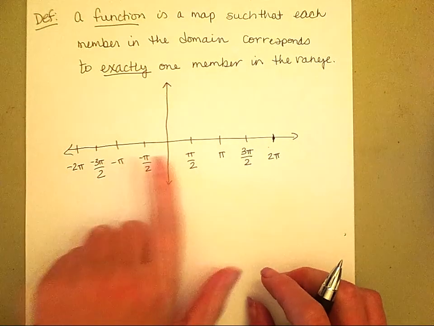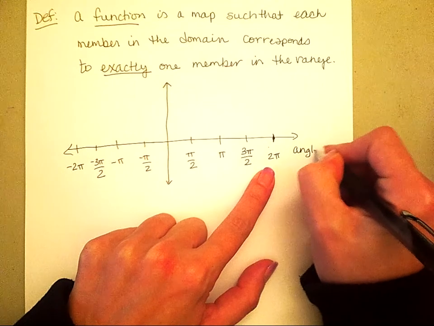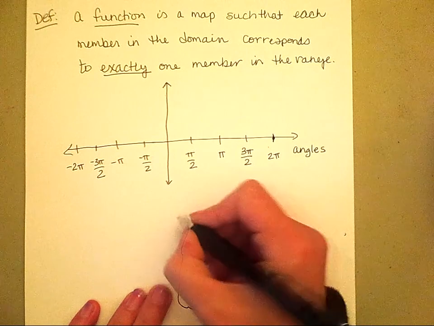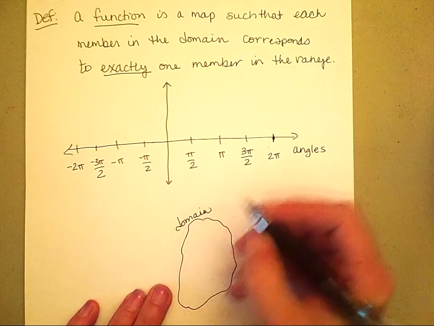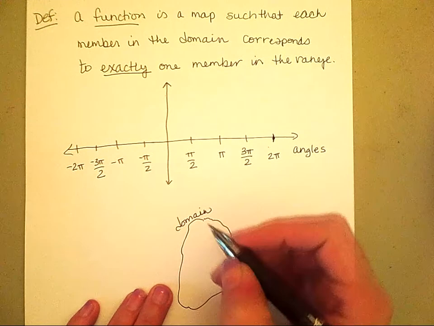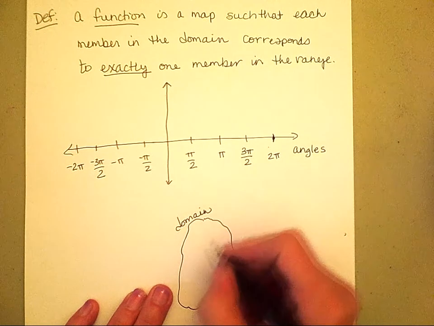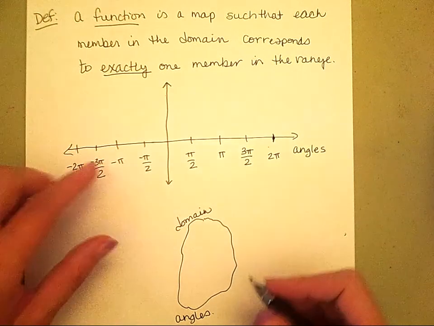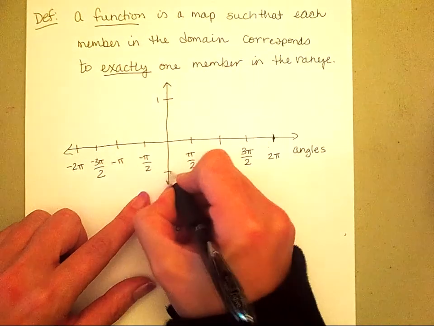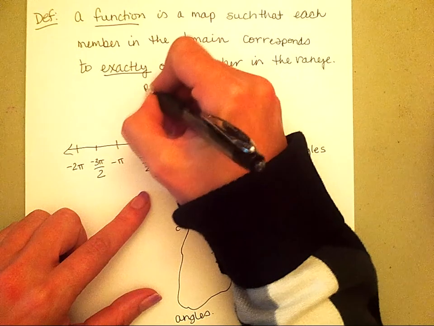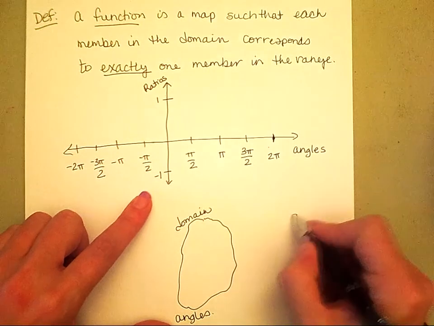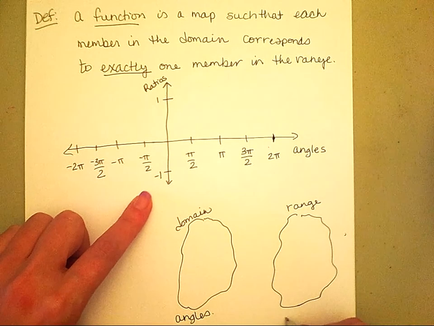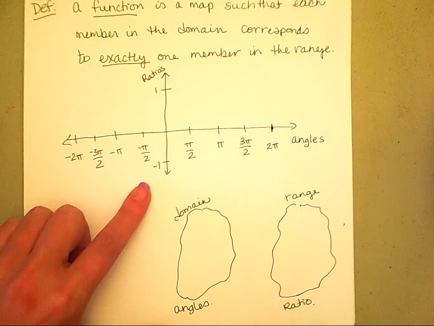Notice then our x-axes are angles. So what that means then is that the domain is made up of angles. And then in our y-axis, the sine can go from -1 to +1. These are ratios. So our domain is angles, and our range is ratios, not angles.